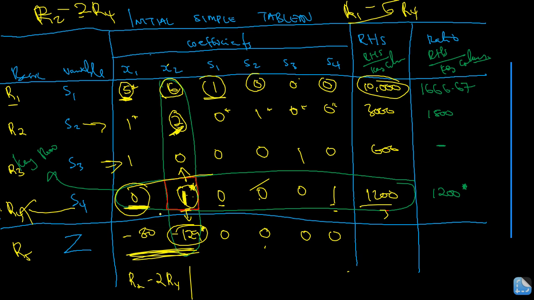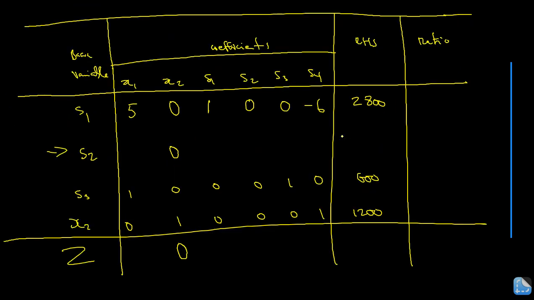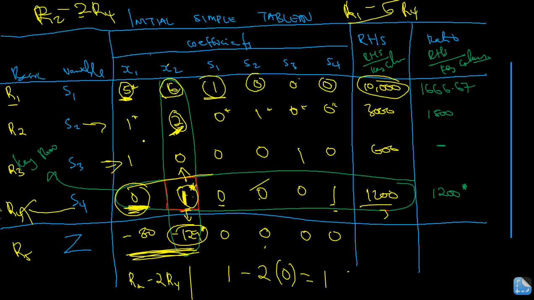So we said it's R2, so it will be 1 minus 2, open bracket, 0. This is how it's supposed to be. So this would be 1. Okay, please don't get confused. So it's 1 minus 2 multiplied by the key value here, the 0, the corresponding number in our key row. So this gives us a 1 there.